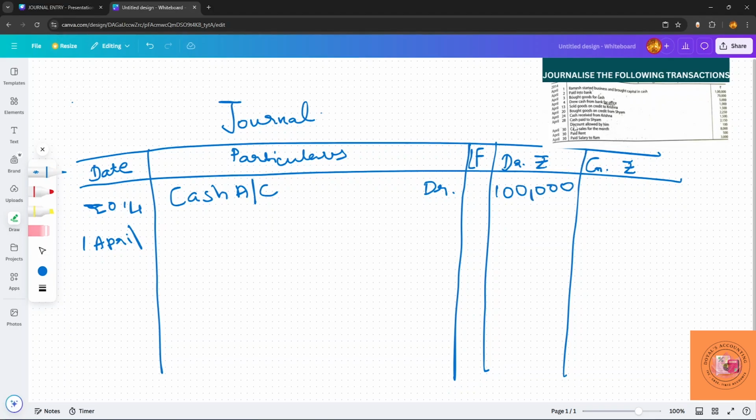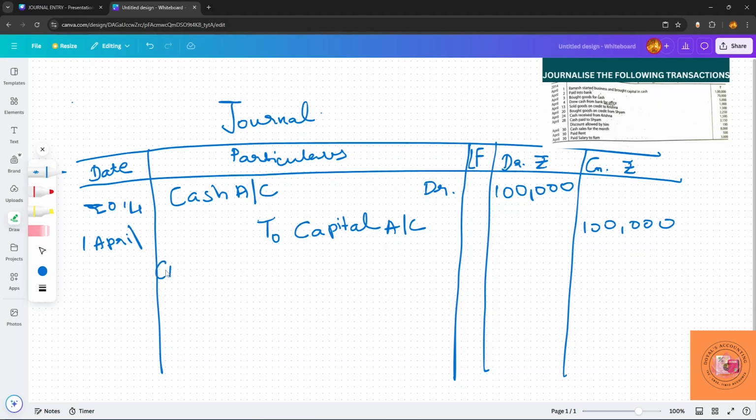Now, capital is a personal account in nature, and the rule is debit the receiver and credit the giver. So, capital is being given to the company, so we will credit capital. Also, know as per the modern approach, any increase in capital will be credited to capital account, rupees 1 lakh. Now, the next step is writing narration.